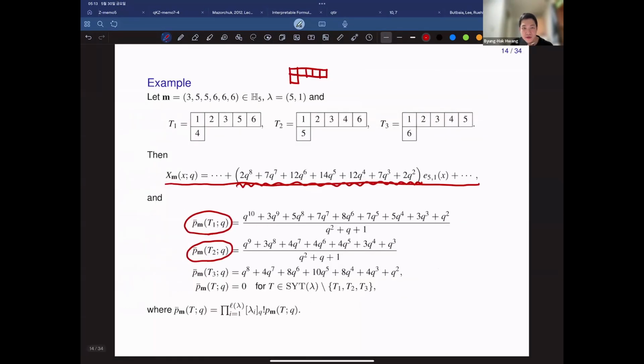Then what is the common feature these first two tableaux share, and what is the difference between the first two tableaux and the last one? The difference is the position of the largest entry, 6. In the first two tableaux, the largest entry, 6, lies in the last column. But in T3, the largest entry, 6, lies in the first column.